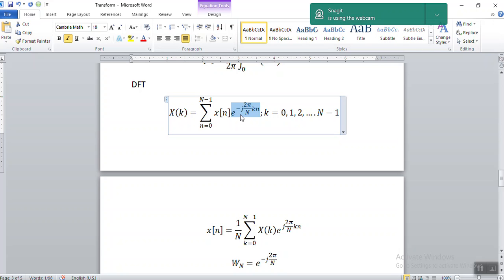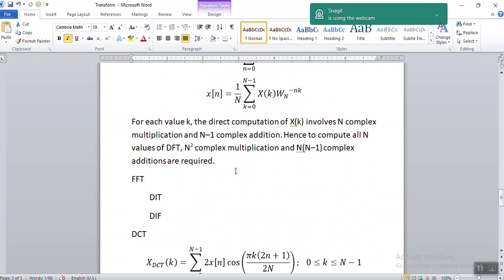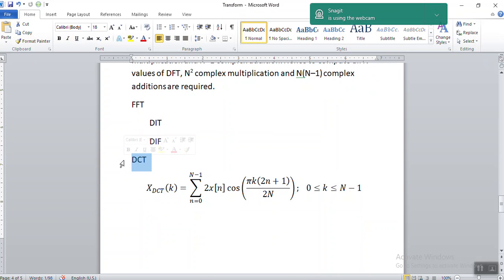Now, if I consider only the cos part, then this X of k becomes real only, right. That imaginary part I have neglected. Suppose e to the power minus j theta means cos of theta minus j sin of theta. So, if I am considering only cos theta out of that, then that becomes the real part. That is what is called the discrete cosine transform, DCT.